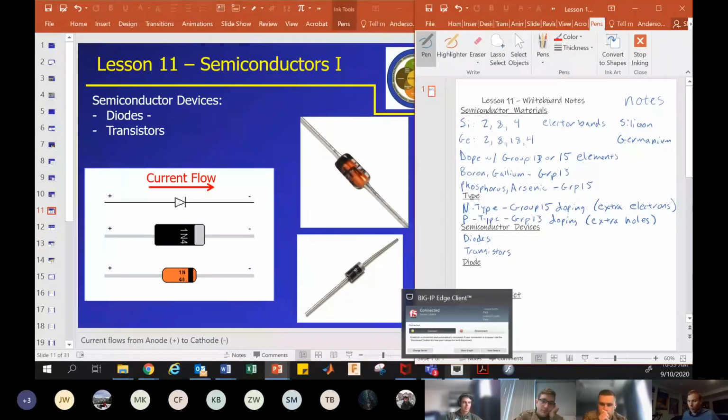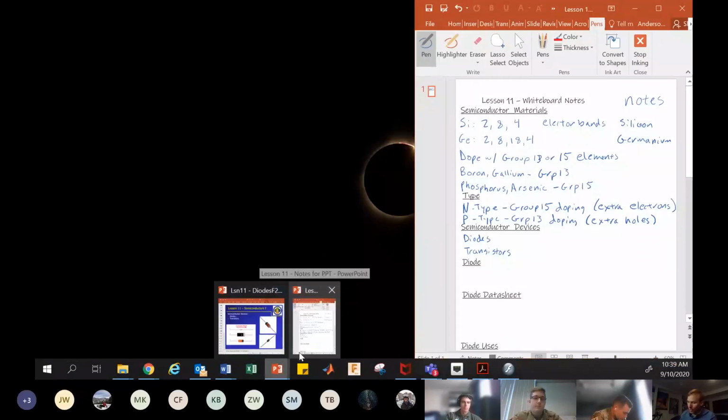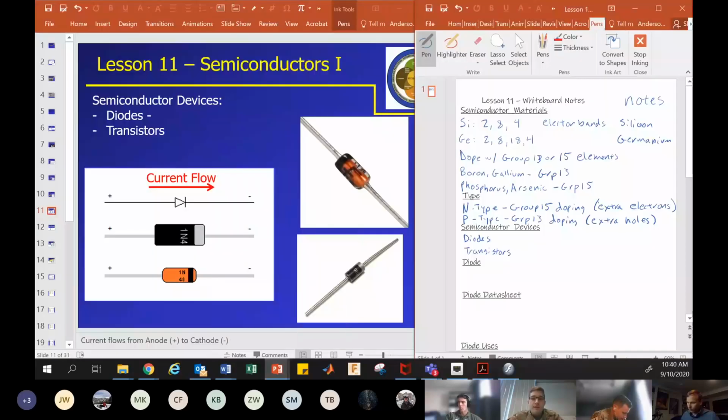Okay, so what a diode basically does, practically speaking, for us mechanical engineers, is it ensures current will only flow in one direction. Okay, so we see that in the slide, and we can say one-way current flow.